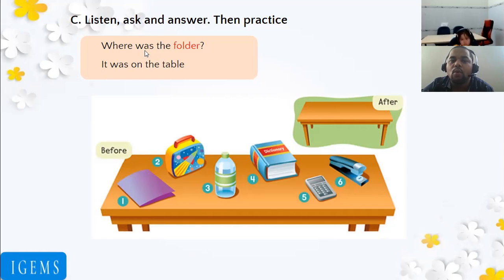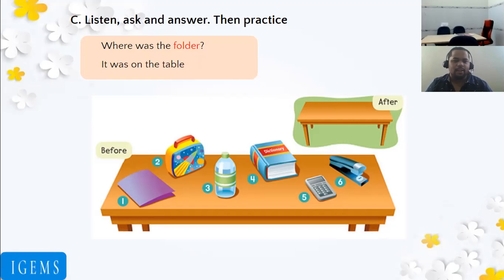Where was the folder? Can you please help me reading? Where was the folder? Where were the photos? Okay, once again, look at me, look at my hands. Can you please place your hands like this? Where was the folder? Where were the photos?